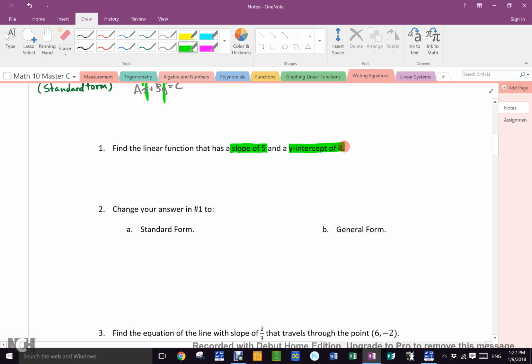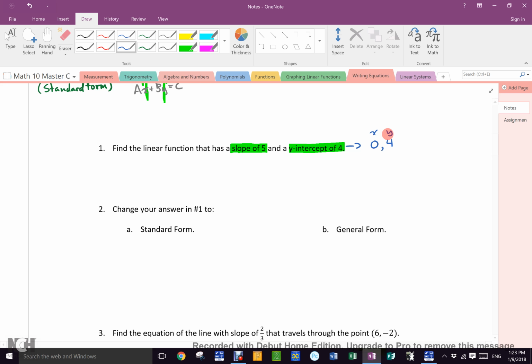But let me ask you this. Could you do point-slope form? Because isn't the y-intercept just a point? What is its value? No. As a coordinate. 0, 4. So there is an x and a y. So you could use point-slope form, couldn't you?